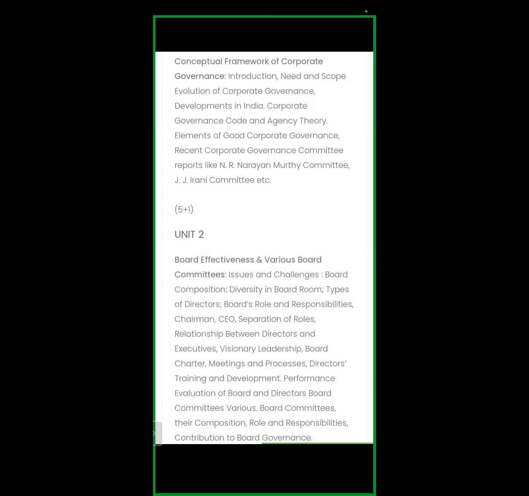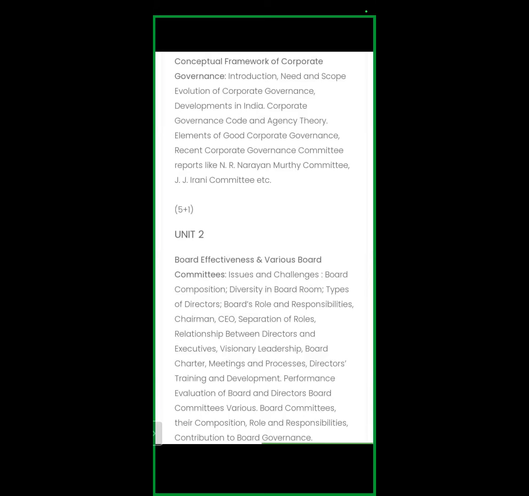So, corporate governance, in simple words, we can say it is the rules and regulations established through various acts which makes it compulsory for the organization to follow these rules and regulations when they are conducting their business activities.